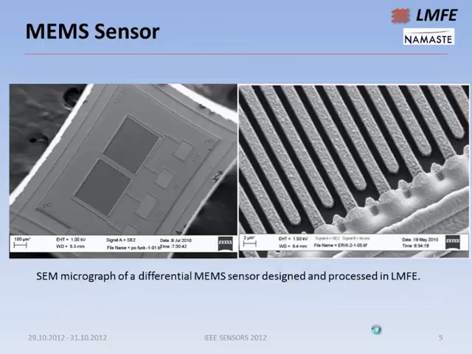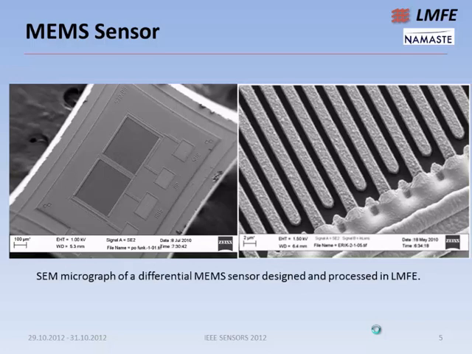So this is our MEMS sensor. Actually, it's not a MEMS device. It's not a micro electromechanical system, but we use the MEMS process to produce a comb capacitor. The gap is approximately 1 micrometer wide.